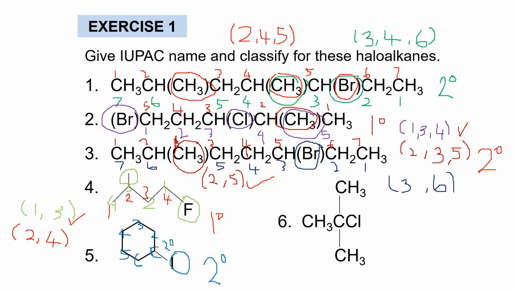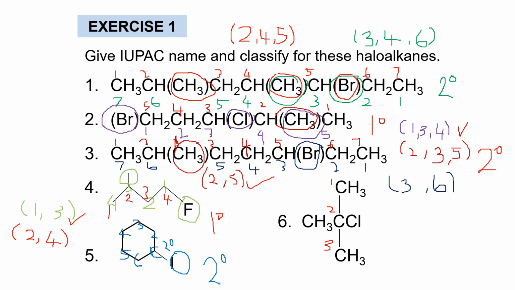And then the last exercise. Look for the longest continuous carbon chain. If you start with this carbon you get 1 2, 1 2, 1 2. Now if you start with this carbon, 1 2 3, the longest continuous carbon chain is 3 carbons, so your parent would be propane.